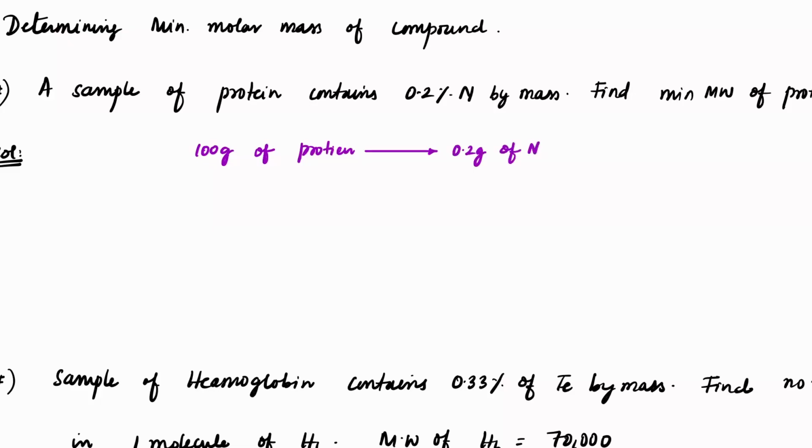So if I take 14 grams of nitrogen, because minimum molar mass implies that I should have at least one nitrogen, therefore the molecular mass of protein will be equal to 100 into 14 by 0.2. Correct? So that is 7,000 grams per mole. So that is the molecular mass.